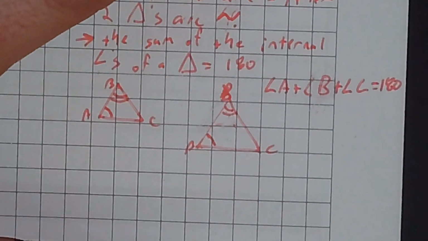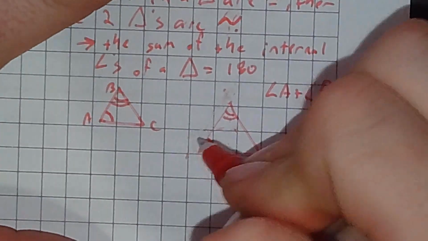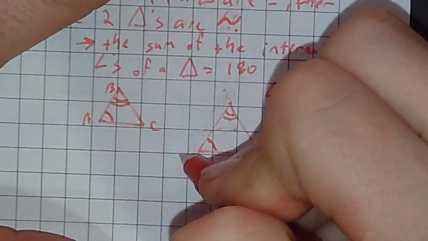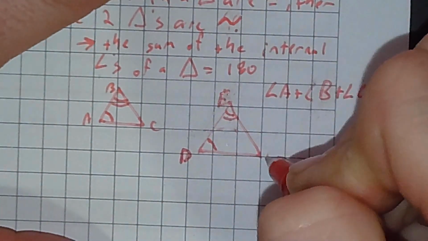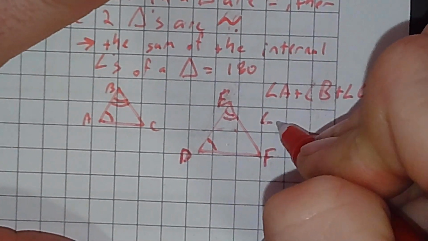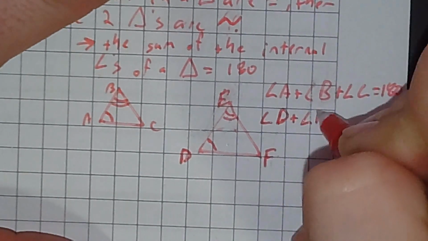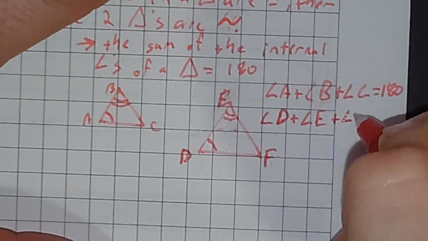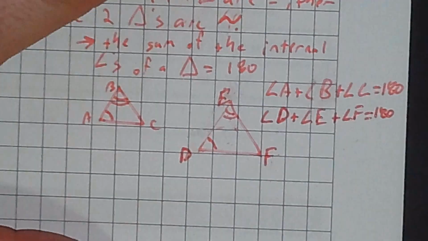I'm gonna call this ABC and I'm gonna call this DEF. All right, so I'm gonna say angle D plus angle E plus angle F equals 180 degrees.